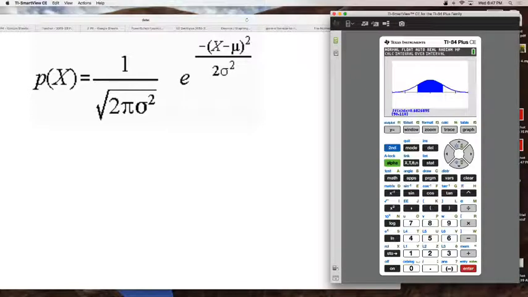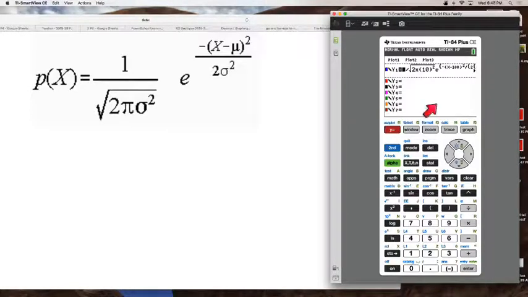So that's the conclusion. Now, the problem is typing in this entire function every time you want to figure out the value of a normal distribution would definitely be time-consuming, even with this technology, which is why we've developed a distribution to get all of this information in one keystroke, if you will. So here's the trick.